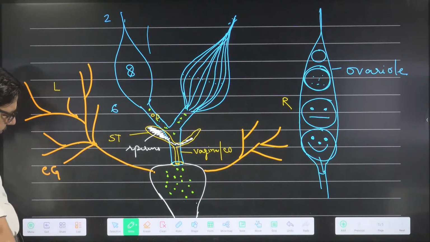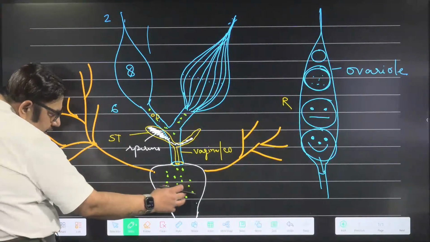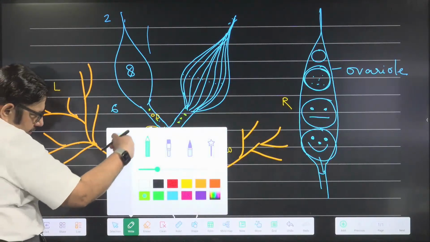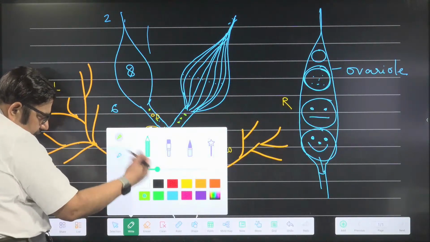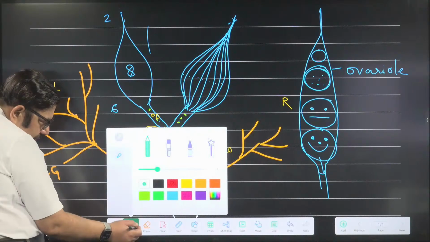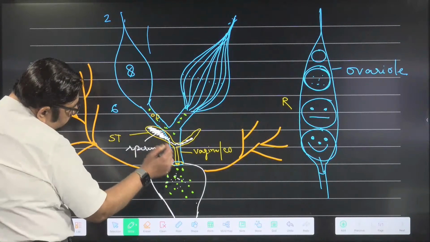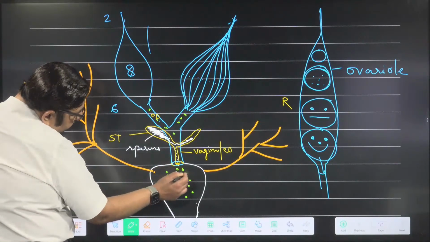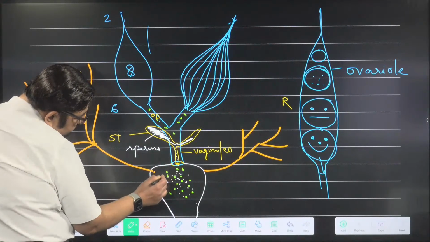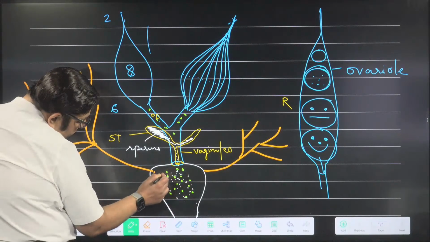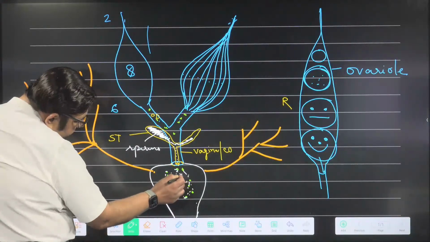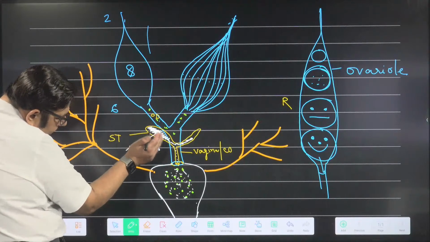Now what happens when eggs are there? The spermatheca will release the sperms. The sperms are white colored, as I told you. I have shown here that they are coming from here and now they are coming in this region. Gradually, the sperms are getting lesser and lesser.